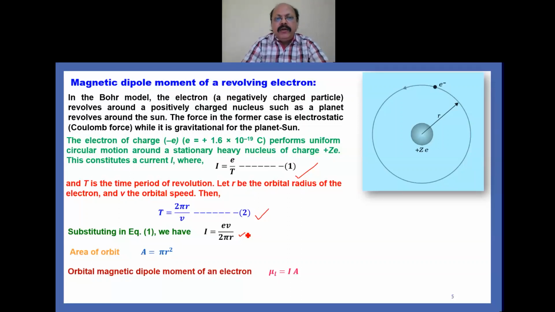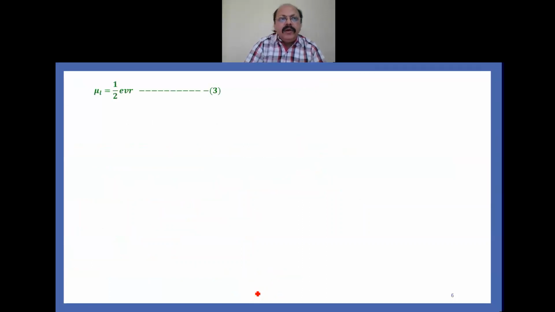Now we substitute the value of I and A in this equation. Then mu L equal to ev upon 2 pi r multiplied by pi r square. This pi and this pi get cancelled. Then finally mu L equal to half evr. Mark this equation number 3.